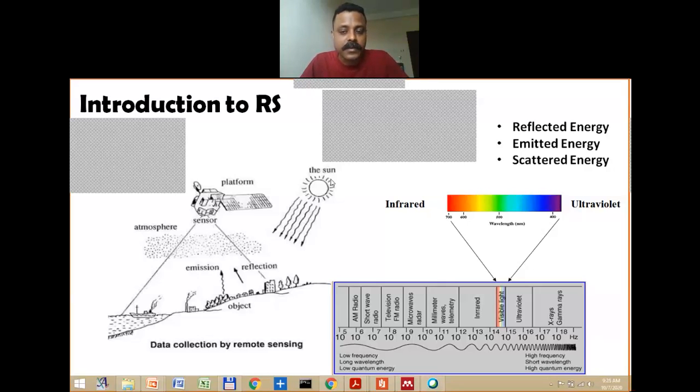wavelength compared to light. Further, if you extend the wavelength, we normally encounter the microwave radiation. Microwave radiations have a physical distance starting from centimeters up to a few tens of centimeters.